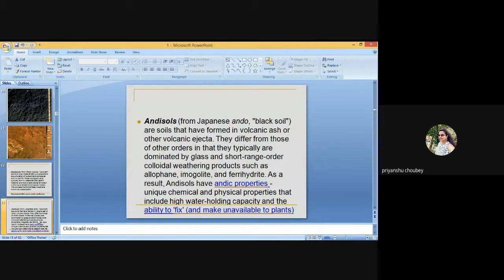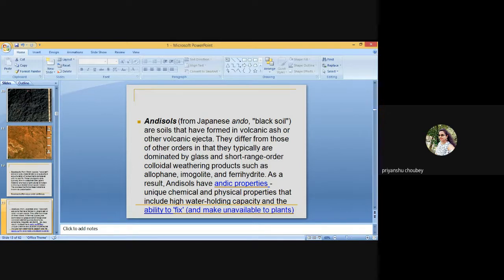Andisols. Next one is andisols. Andisols from a Japanese word, Ando, meaning black soil. Developed from volcanic material, dark colored soils with a low bulk density, high content of allophane minerals, and thus low bulk density, one megagram per cubic meter, and fluffiness, andic properties, easy to cultivate, not reported in India. Andisols have formed in volcanic ash or volcanic ejecta.